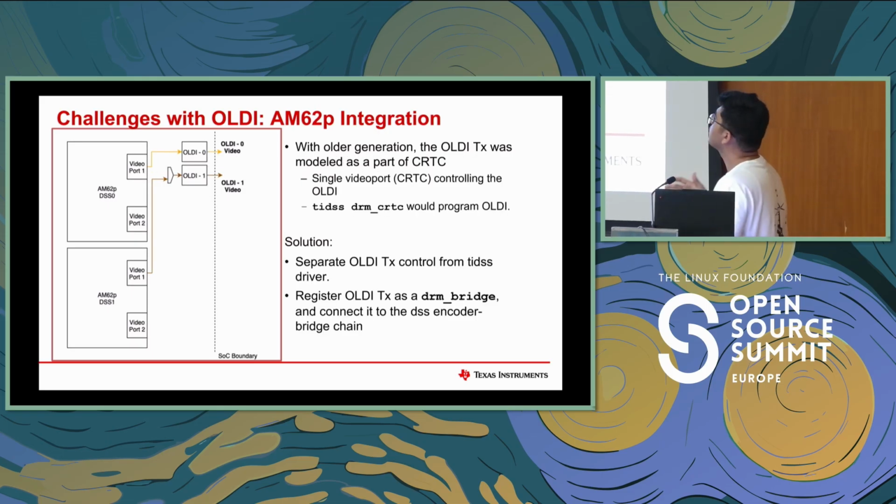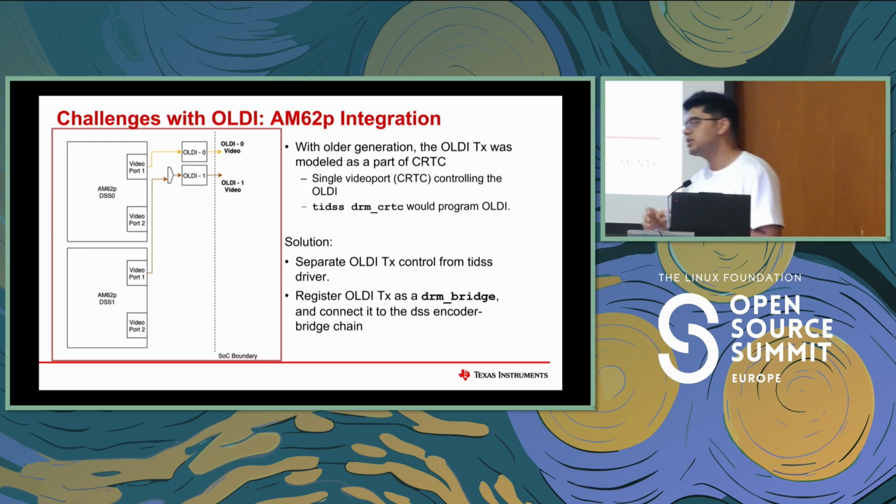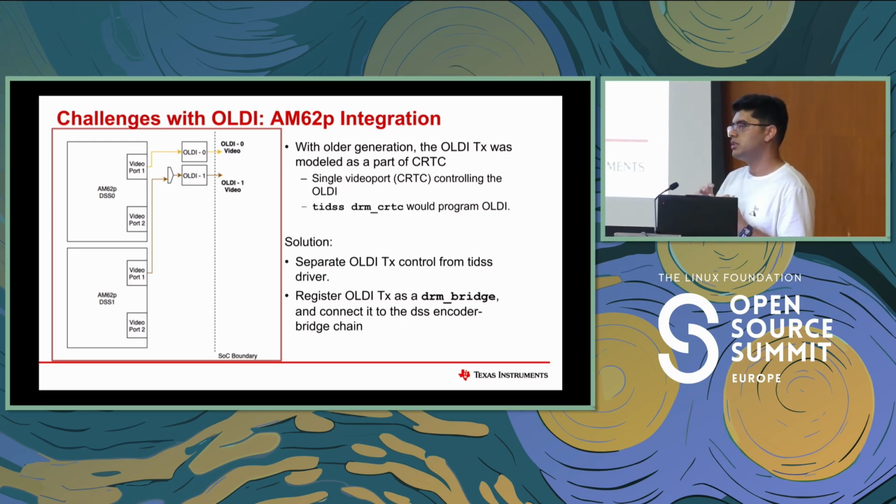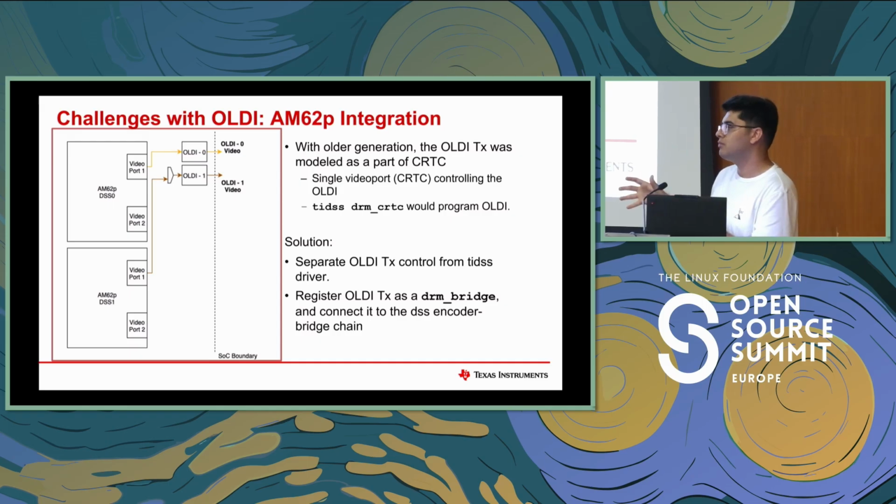So in the previous generations, the situation was that since there was a one-to-one situation between the DRM CRTC and the OLDI transmitter, we just had it coupled with the DRM CRTC, and it was not separate. The same hardware would get enabled while the video port was getting enabled through the DRM CRTC.